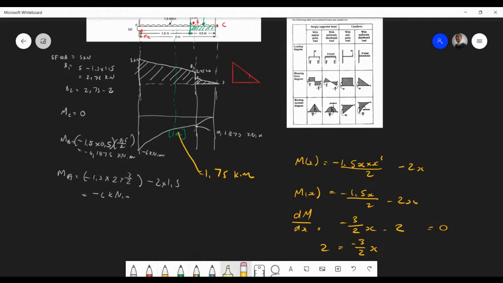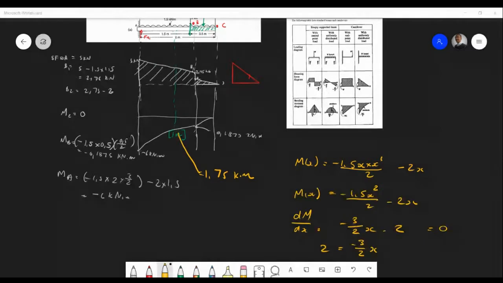This becomes cubed, this is squared. Now we take the derivative, we minus 1. So 2 times x, make that 0. Yeah, not really sure what's going on here. Anyway, nevertheless, confused.